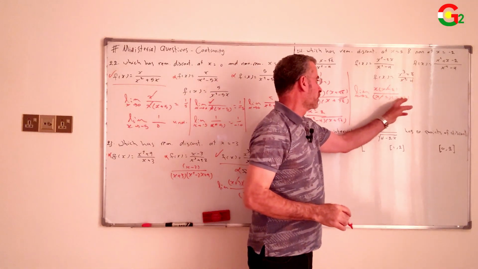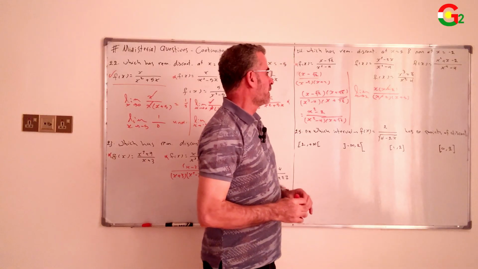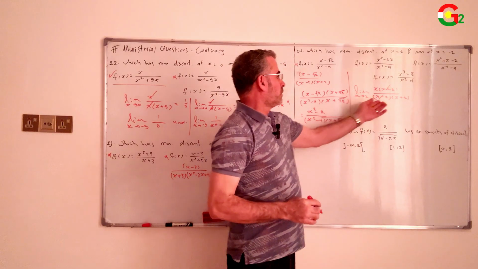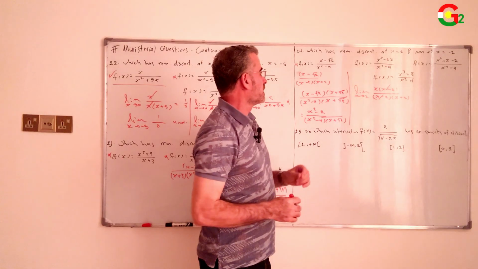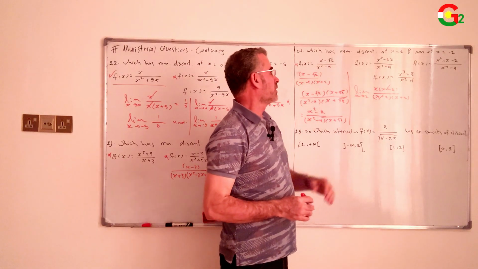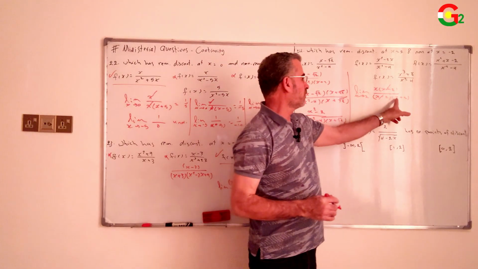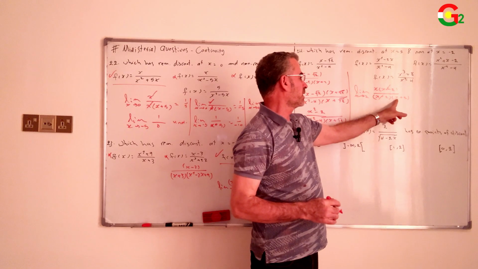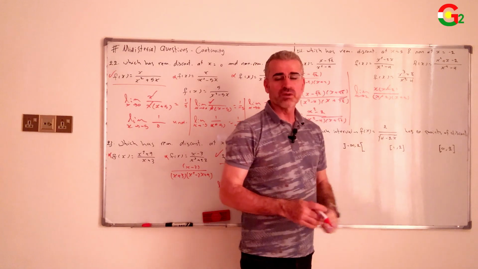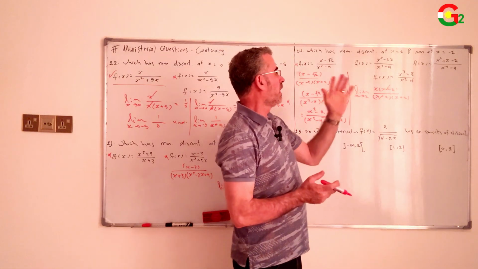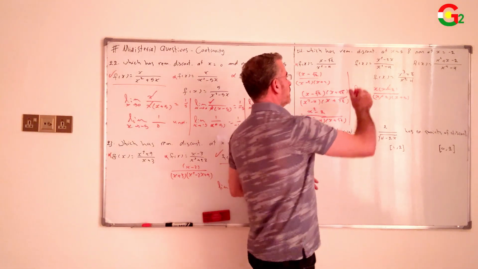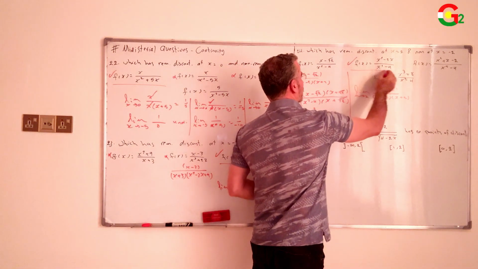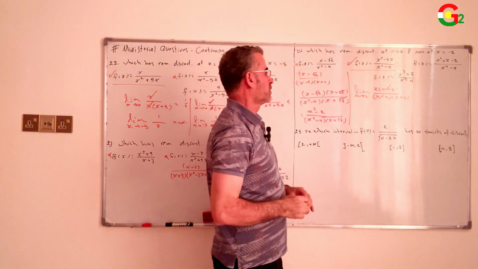Substitute 2 in the denominator, 2 plus 2 is 4, 2 over 4, the limit exists, and this function has a removable discontinuity at 2. But if we substitute x with -2, -2 plus 2, the denominator will be 0, and this function has a non-removable discontinuity at -2. Therefore, it is the right choice.